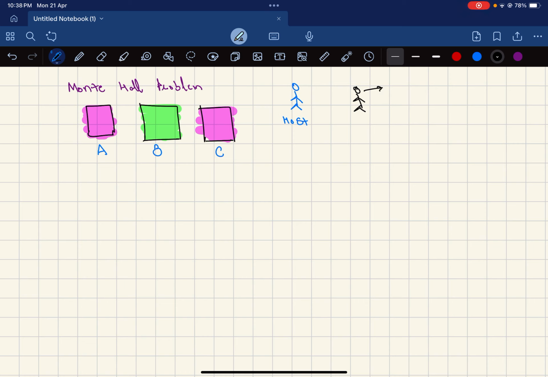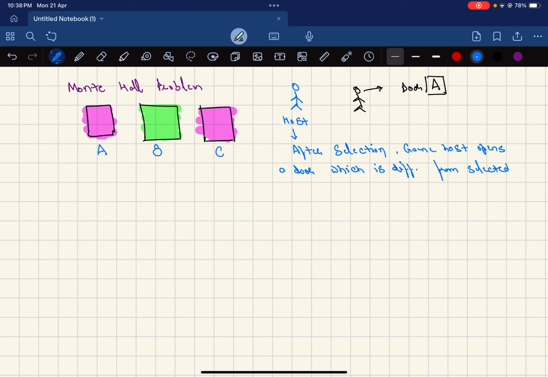Now let us say the contestant selects door A. Now what the game host does is, after selection, the game host opens a door which is different from the selected door, that is A in this case, and shows there is no prize behind the open door.